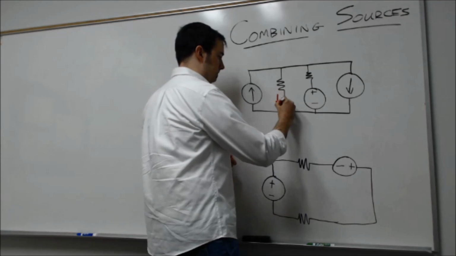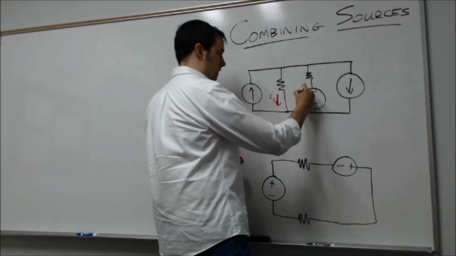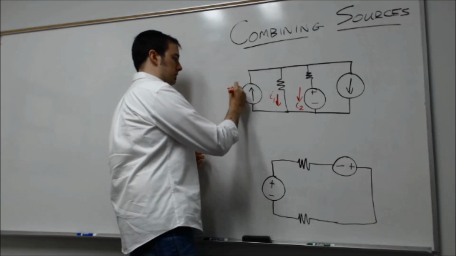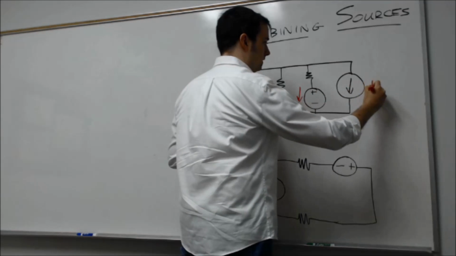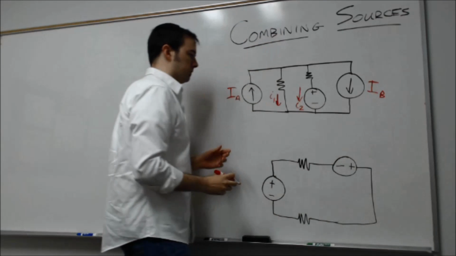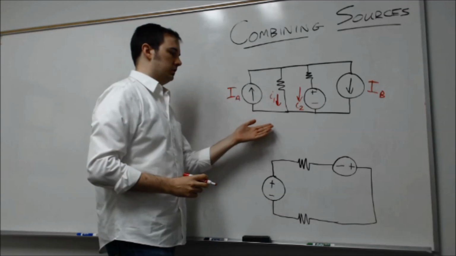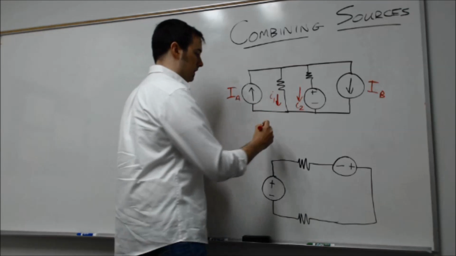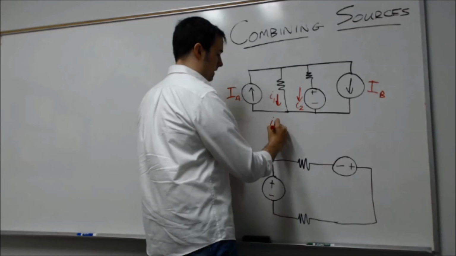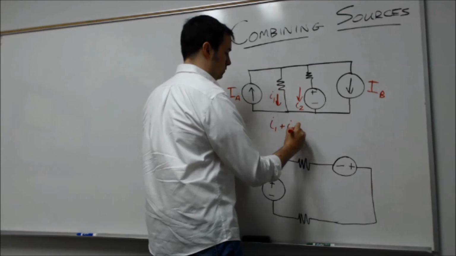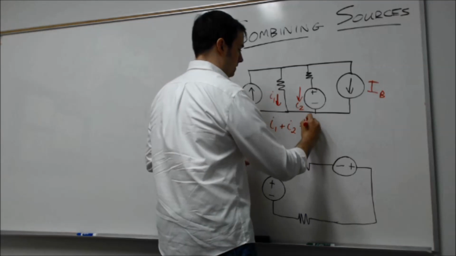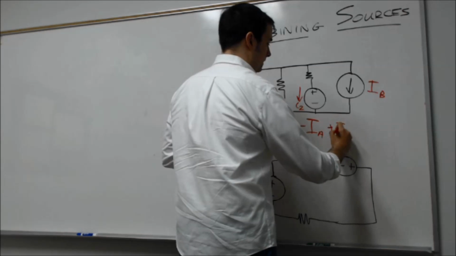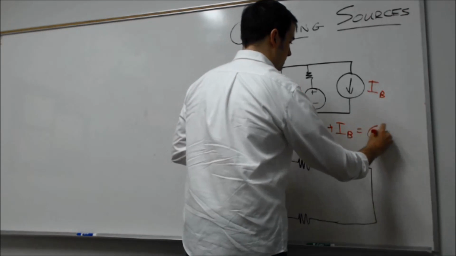If I define some current I1 coming through that branch, some current I2 going to this branch here, and then large I sub A and large I sub B, and I write a KCL equation where all currents coming into the node are positive and all the ones leaving the node are negative, then I'd have I1 plus I2, this one's going out so it's minus I sub A, this one's coming in so that's plus I sub B, equals 0.